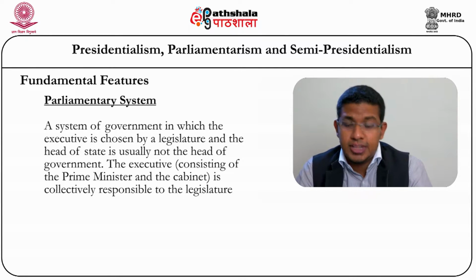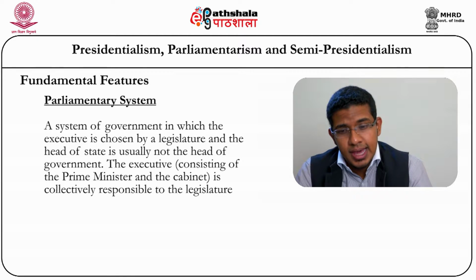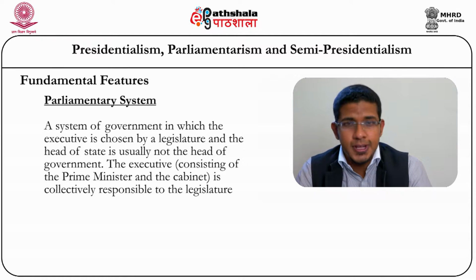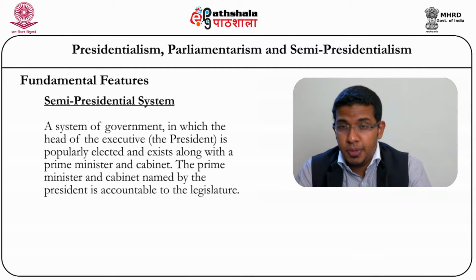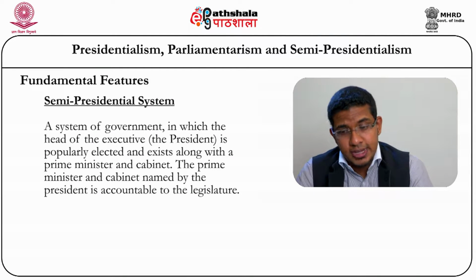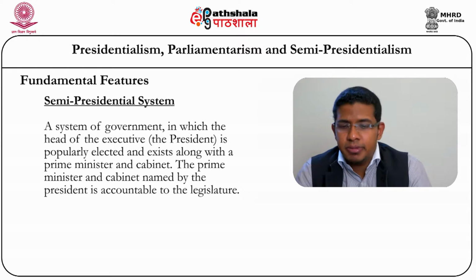The executive, consisting of the prime minister and cabinet, is collectively responsible to the legislature. A semi-presidential system is a system of government in which the head of executive, that is the president, is popularly elected and exists along with the prime minister and cabinet. The prime minister and cabinet named by the president is accountable to the legislature.